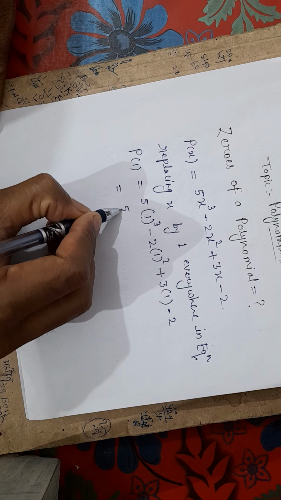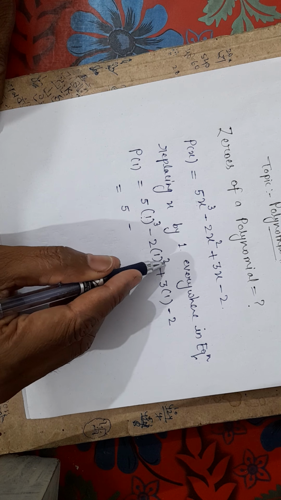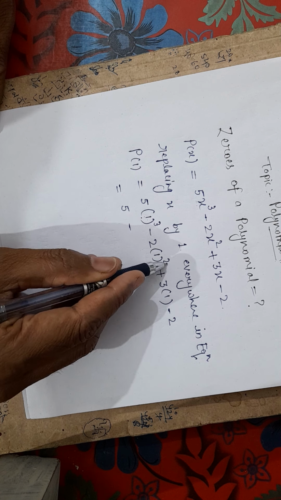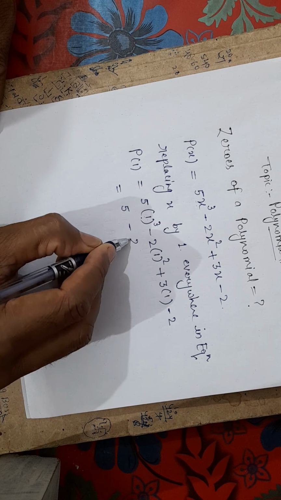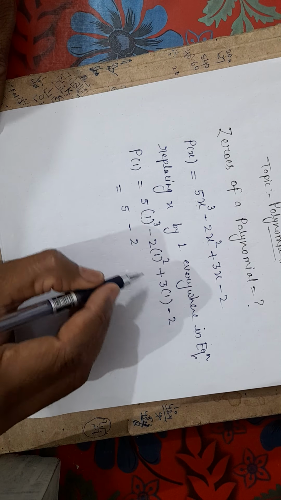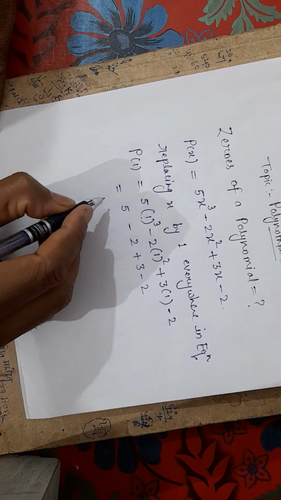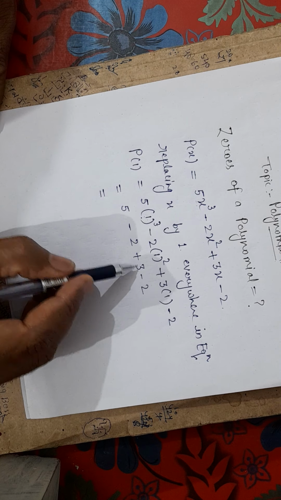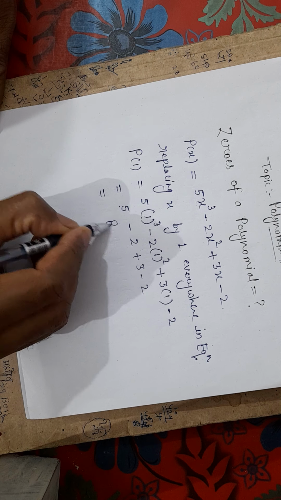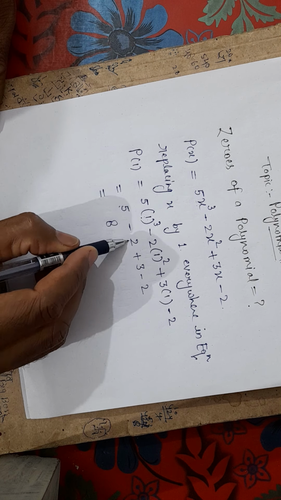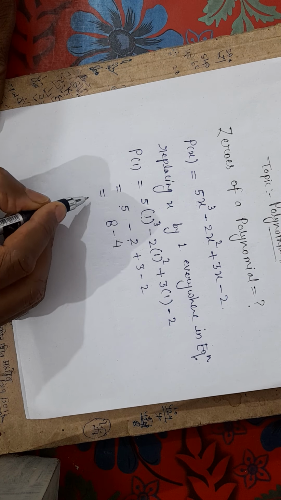So here we are writing 5 ones are 5, minus 1 having exponent 2, so 1 ones are 1, 2 ones are 2, and 3 ones are 3, minus 2. First we will add all the positive terms. 5 is positive and 3 is positive, so it is 8, and this 2 is a negative term and this is also a negative term, and 2 and 2 make 4 in total.